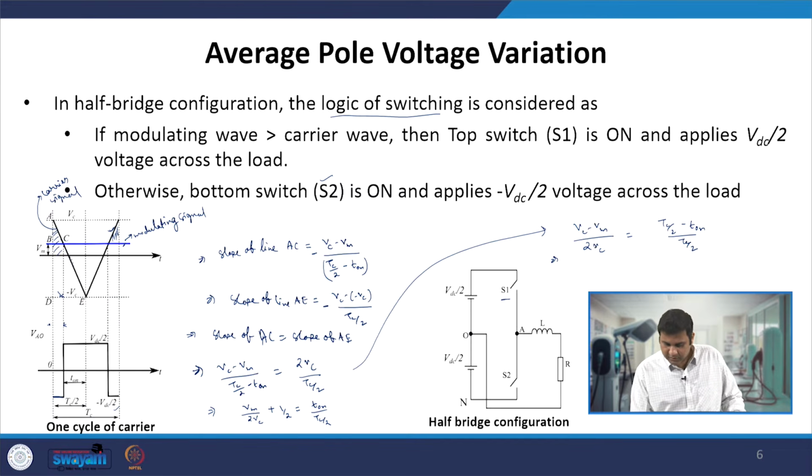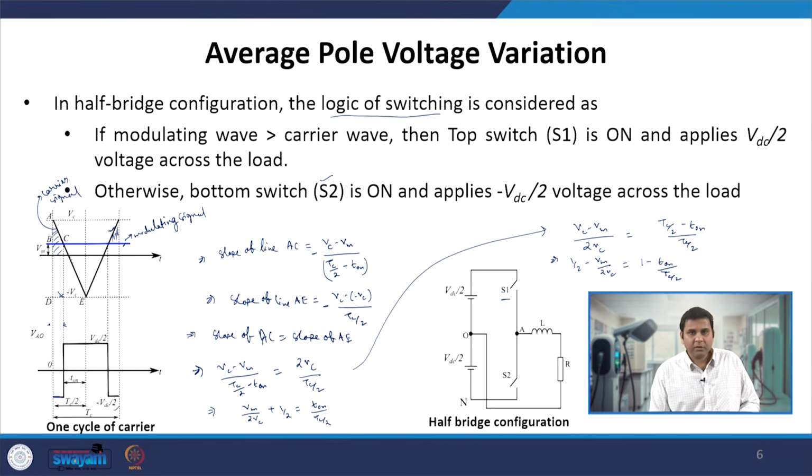That implies it is half minus Vm by 2 Vc equals 1 minus T on by Tc by 2. Rearranging this, we bring this side and take this side, so it is Vm and 1 minus half, which is half. So we get T on by Tc by 2.